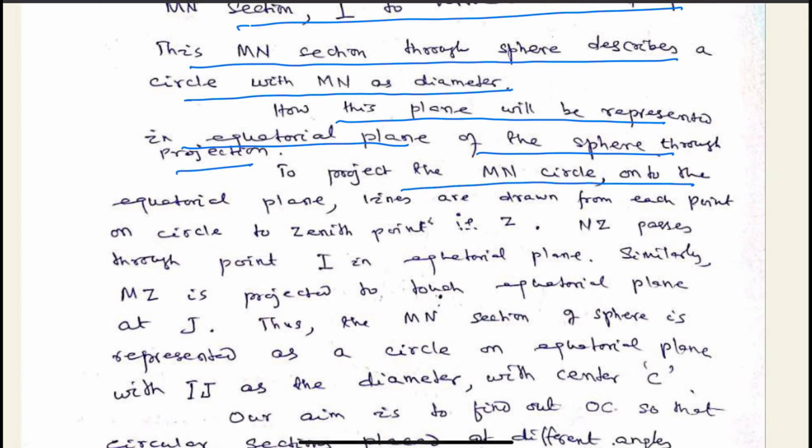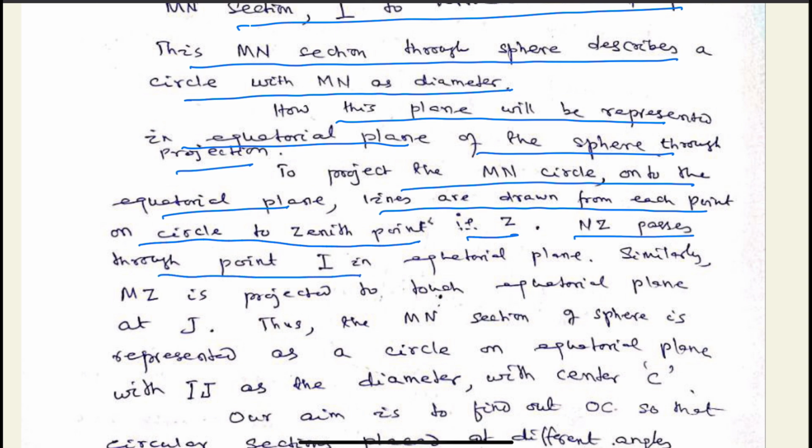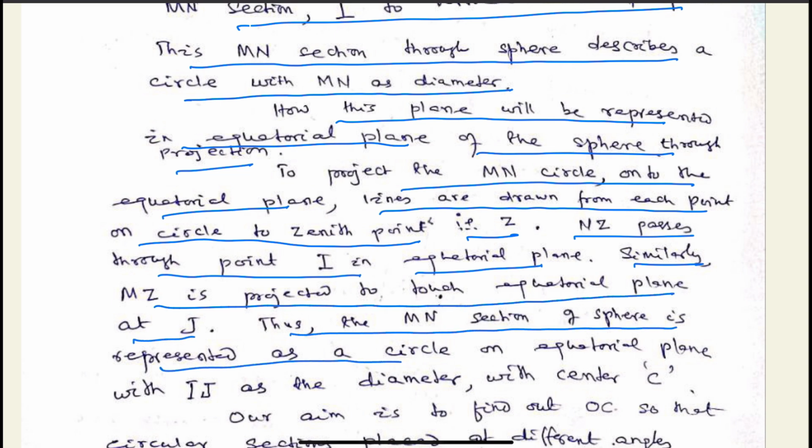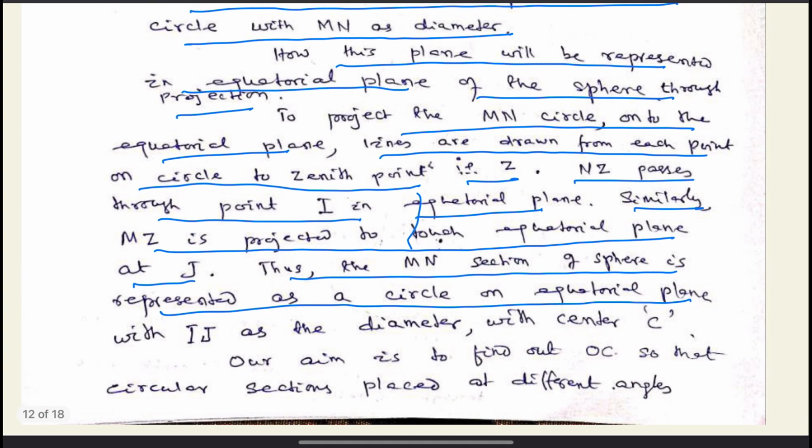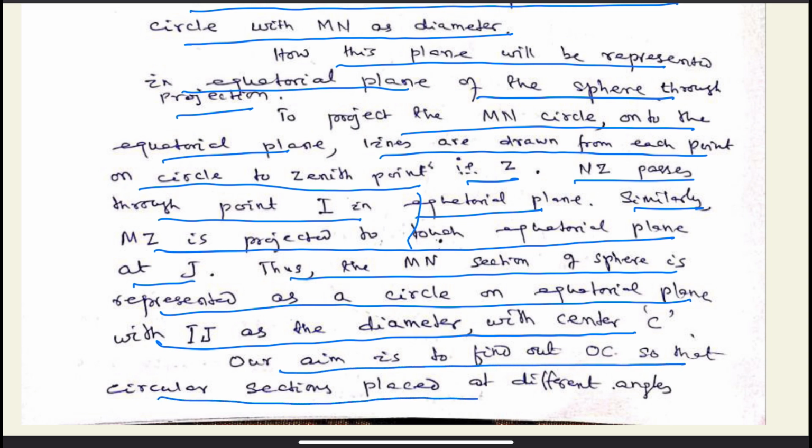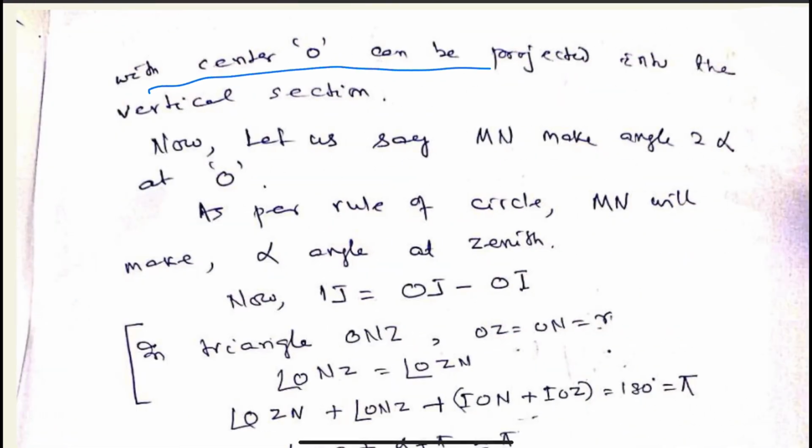To project the MN circle onto the equatorial plane, lines are drawn from each point on the circle to the zenith point, that is Z. NZ passes through the point I in the equatorial plane. Similarly, MZ is projected to touch the equatorial plane at J. Thus, the MN section of the sphere is represented as a circle on the equatorial plane, with IJ as the diameter, whose center is at C. Our aim is to find OC, so that circular sections placed at different angles with center O can be projected into the vertical section.